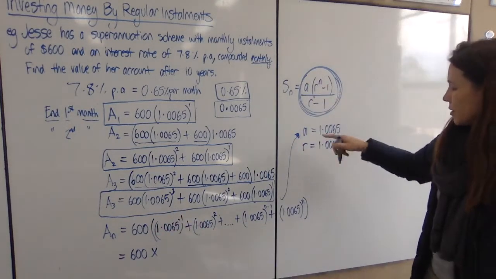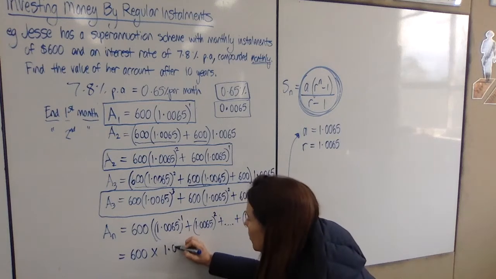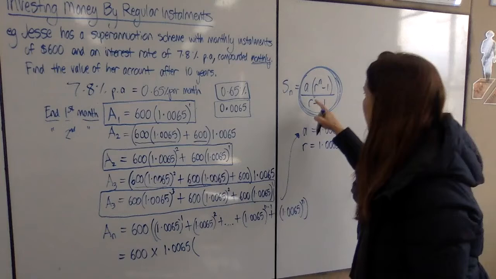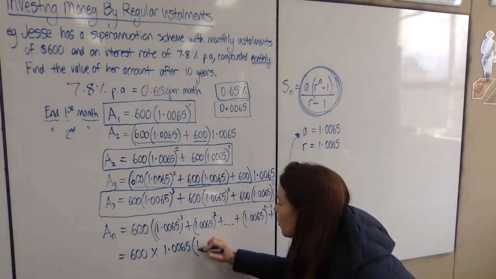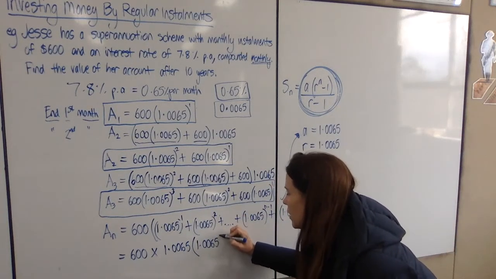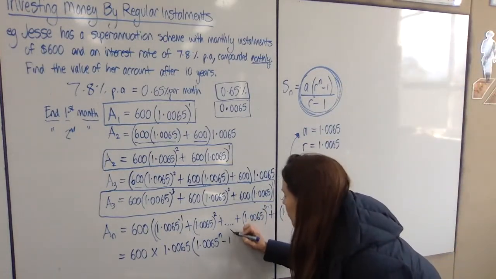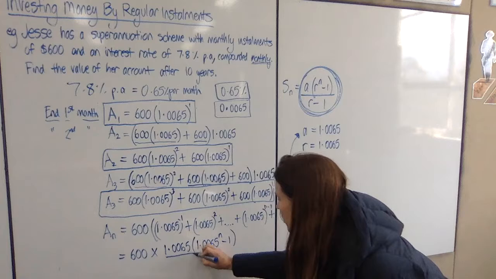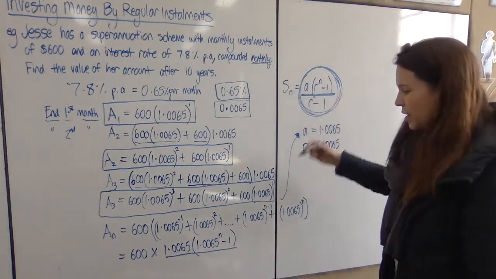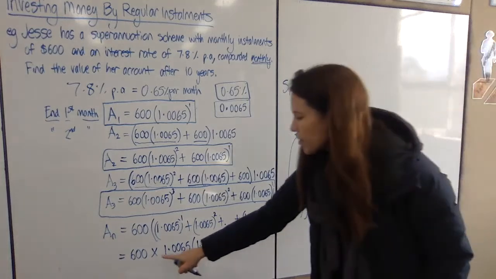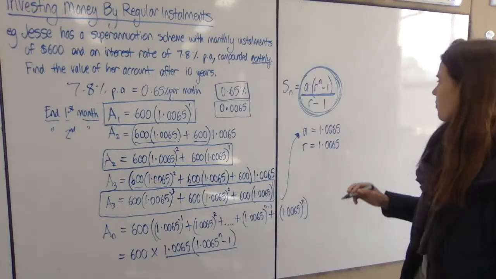So we have a brackets, rate to the power of n, 1.0065 to the power of n, we don't know what n is, but that's okay, minus 1, over, now you could put that over underneath that whole thing or just this part or even the whole lot, doesn't really matter, because here we've just got 3 things multiplied together.